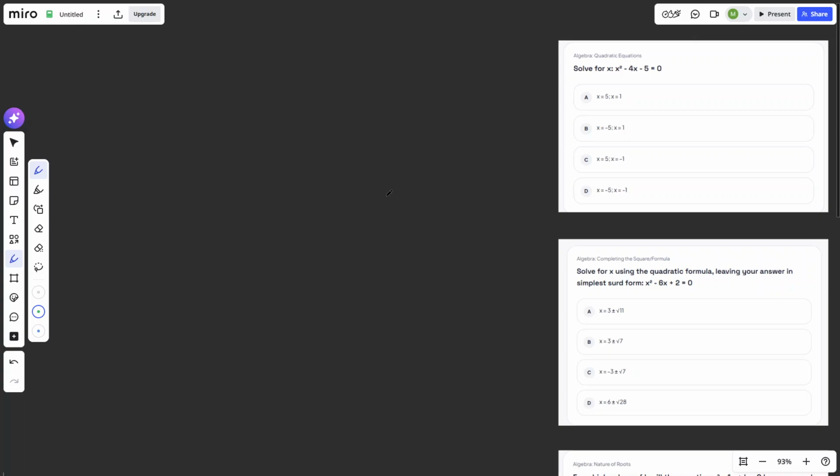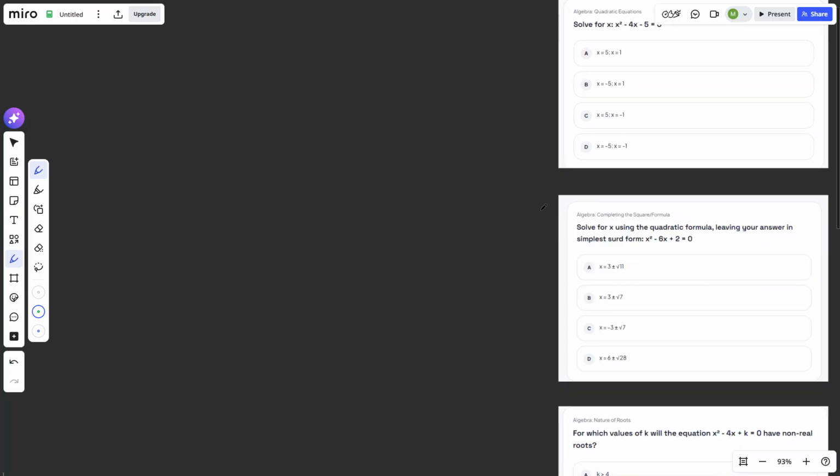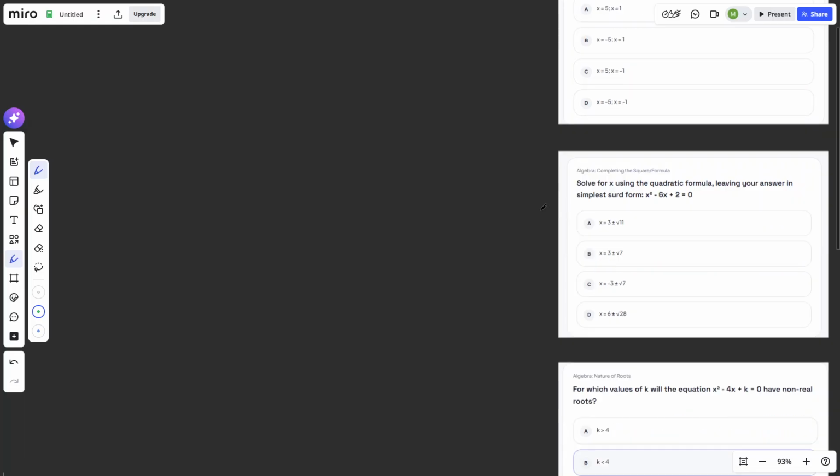In this video, we're going to be looking at a few algebra related questions, okay? In the first question, we're going to be solving for x, and I'm going to be showing you a method that you can utilize to solve such questions. The second question, we're going to be using the quadratic formula, okay, to find our solution.